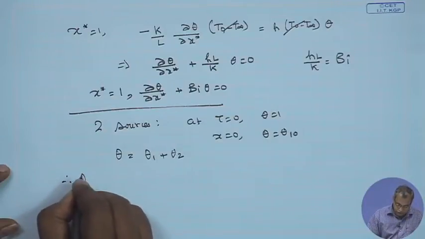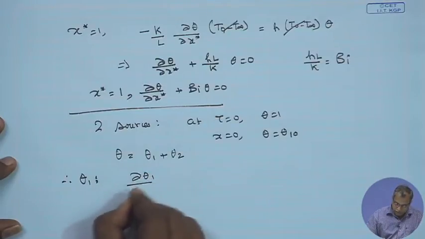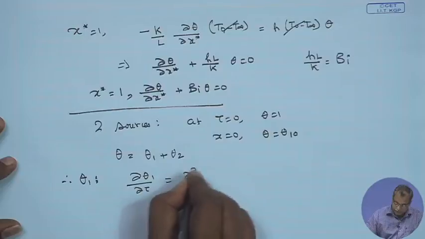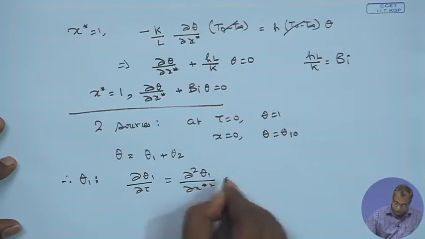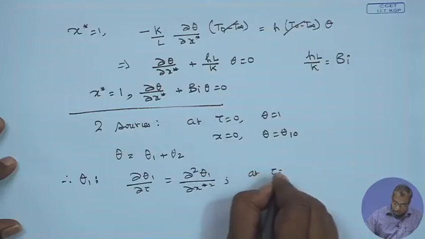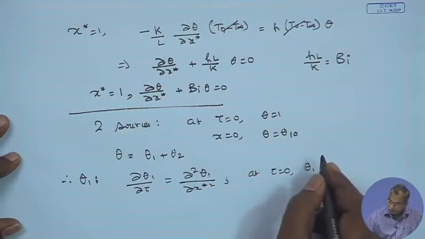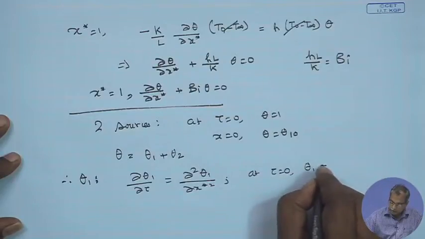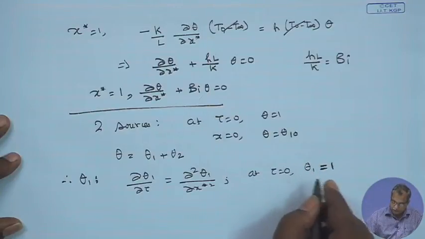Therefore sub problem 1 will be del theta 1 del tau is equal to del square theta 1 del x star square. At tau is equal to 0, theta 1 is equal to 1. We keep that non-homogeneity intact and force the others to vanish.